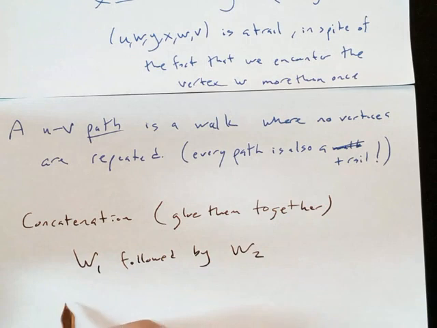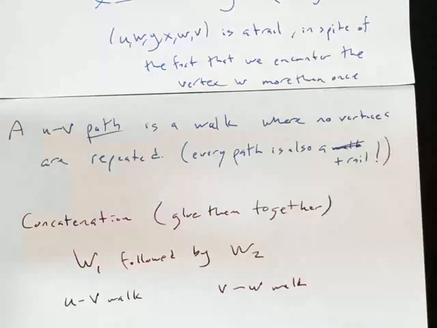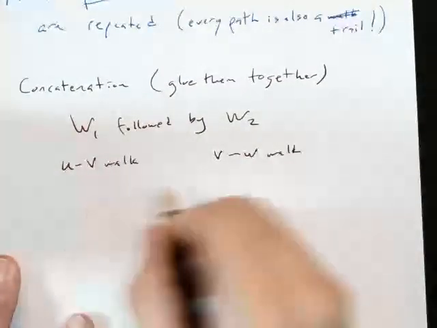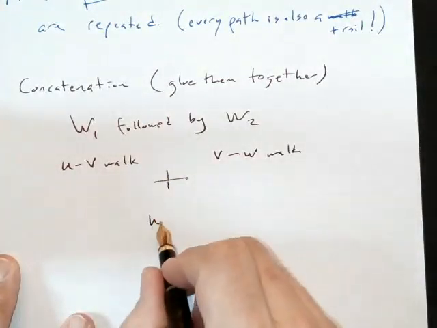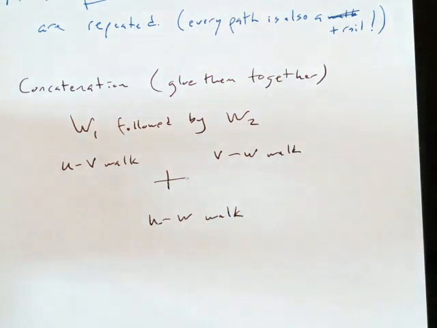So if I have a walk that goes from U to V, and then I have a walk that goes from V to W, when I concatenate them, when I do one after the other, I get a UW walk. So it's really like adding, right? I do one, then the other. I get a joined walk.